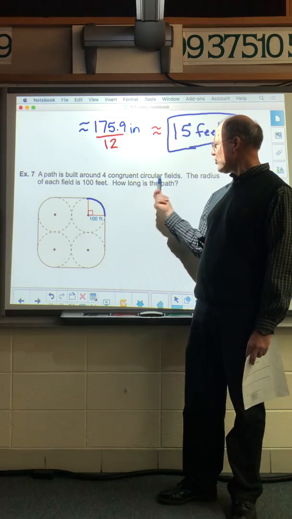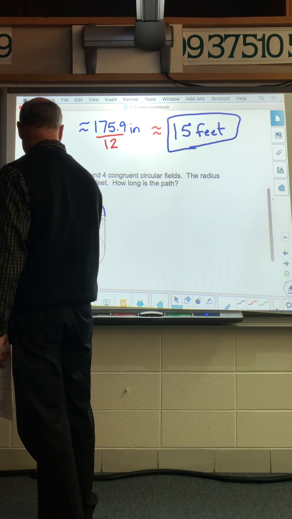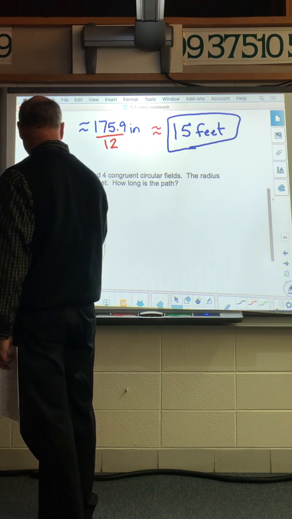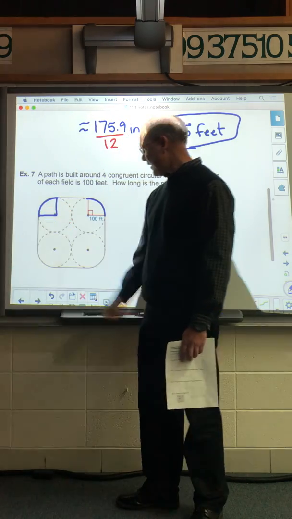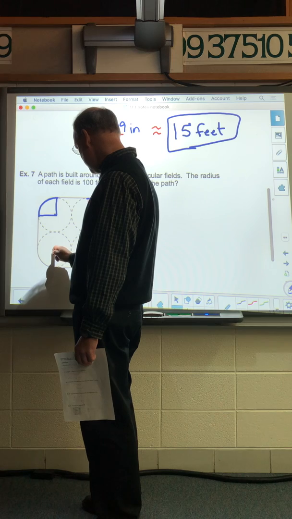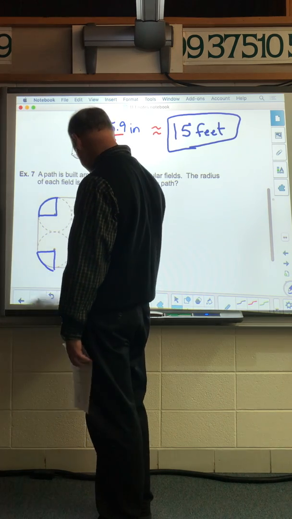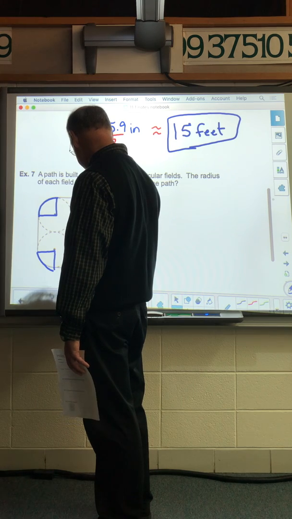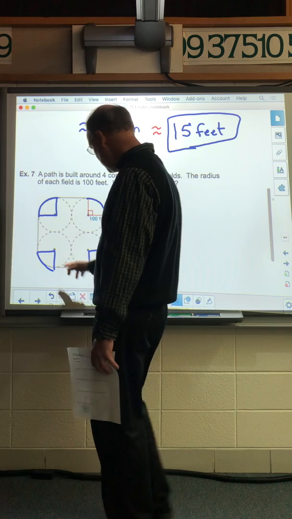Okay, and then these circles are congruent. So this circle is going to have that same arc. This circle is going to have that same arc. And that circle is going to have the same arc.